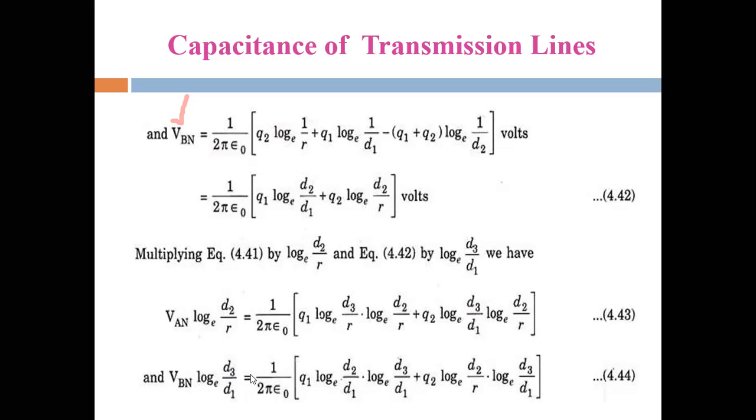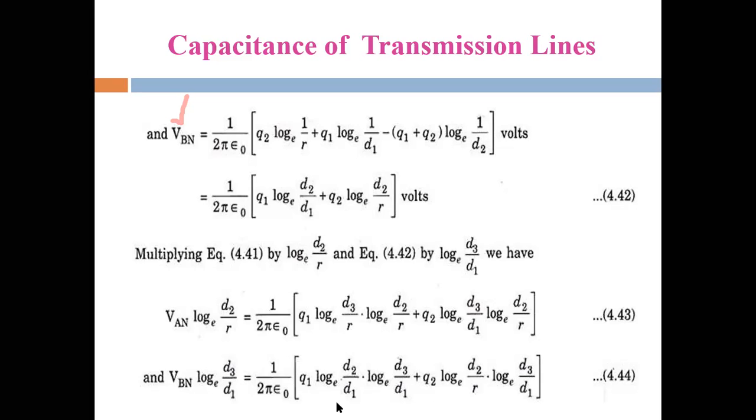Okay, then multiply the VBN equation with log E D3 by D1, on left side and right side. 1 by 2 pi epsilon naught Q1 log E D2 by D1 log E D3 by D1 plus Q2 log E D2 by R into log E D3 by D1.